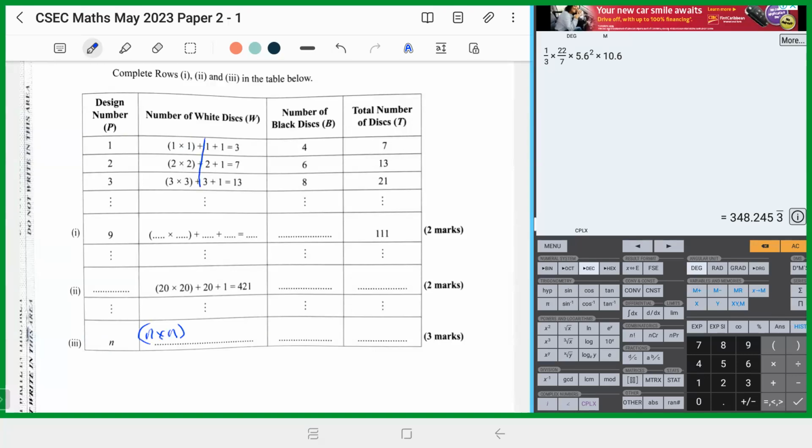And you're adding back the same number, so plus n. And then you add 1, consistently add 1. So it's plus 1. That is it. What does this work out to? N times n is n squared. So this is really n squared plus n plus 1. That's the pattern for this column.